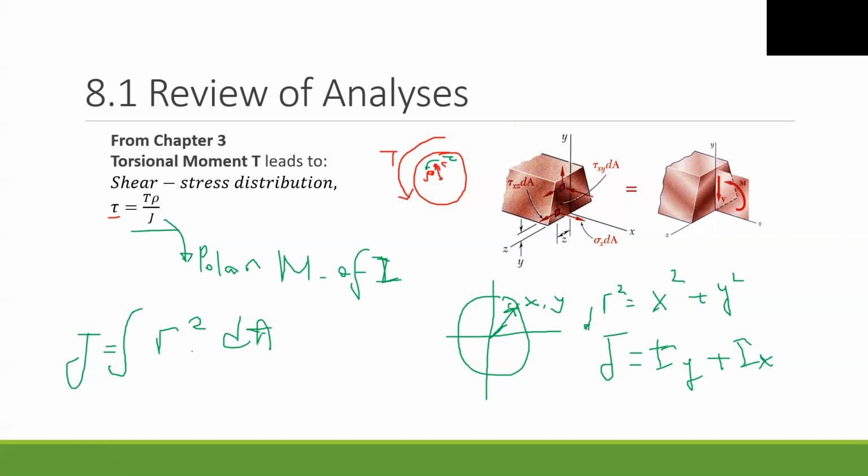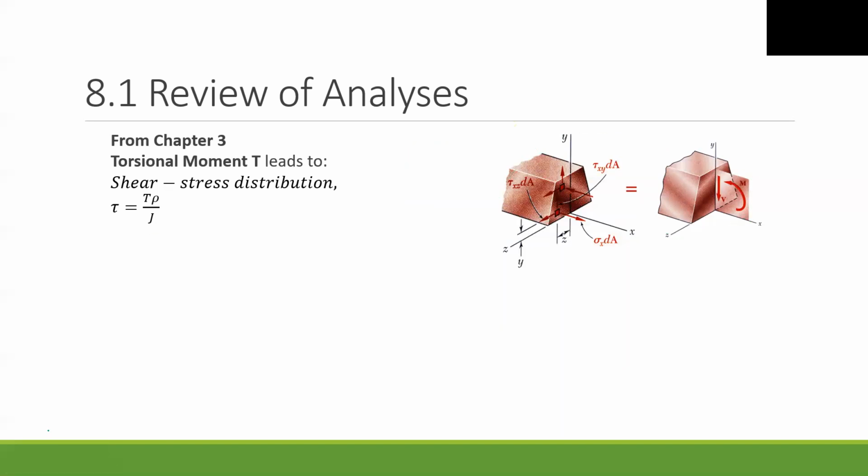Okay, Ix plus Iy, just that, not a complicated formulation. I think I showed you all the terms. I think this figure is not related to this, so I should erase this part. I should use a different shape.